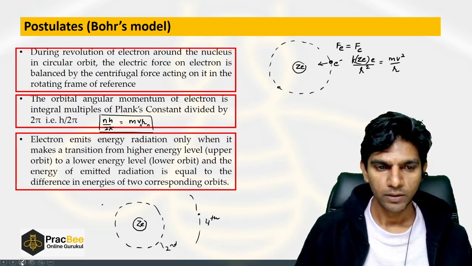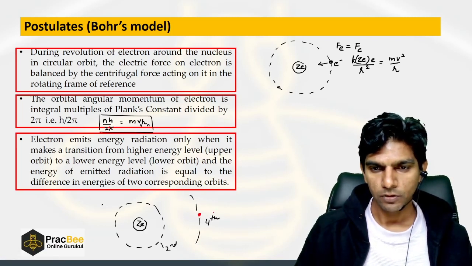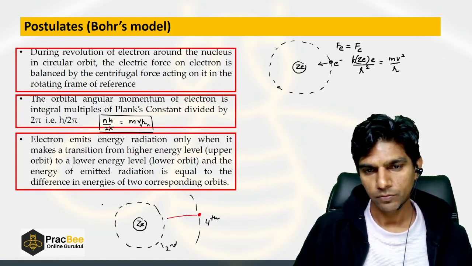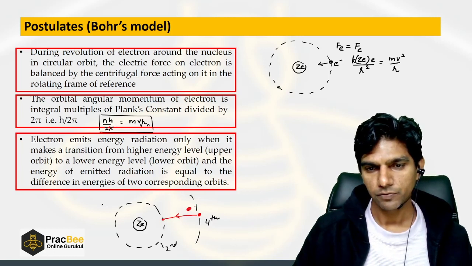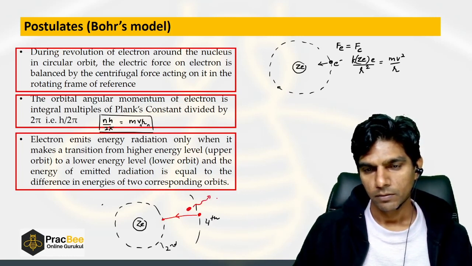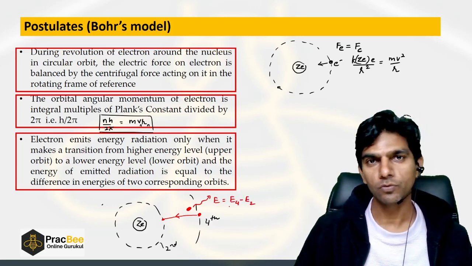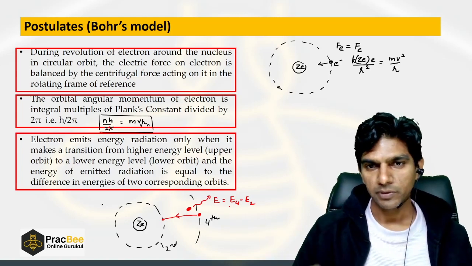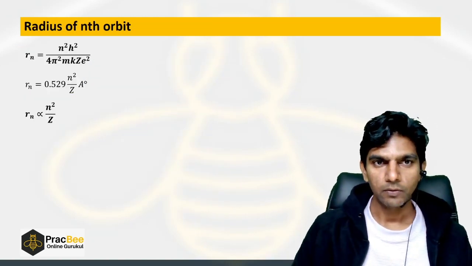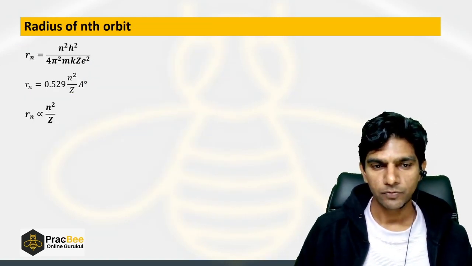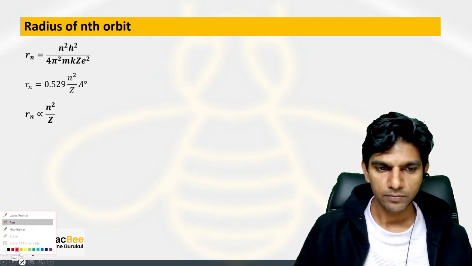If the electron jumps from the fourth orbit to the second orbit, it radiates a photon of energy which is nothing but E4 minus E2, the difference of the energies of the two levels. So do remember these three postulates. Now let us derive the radius of the nth orbit.